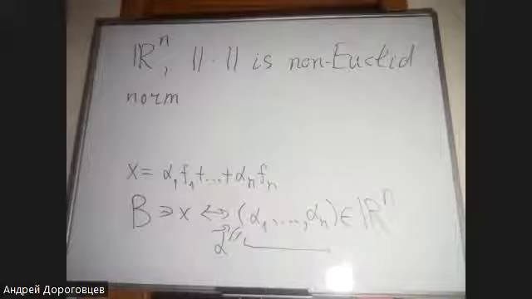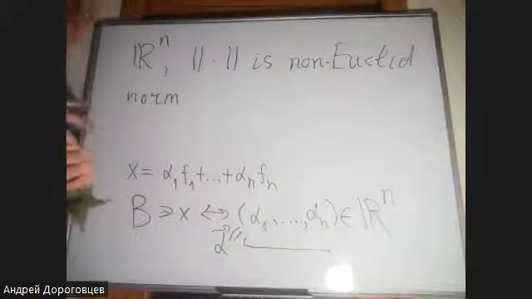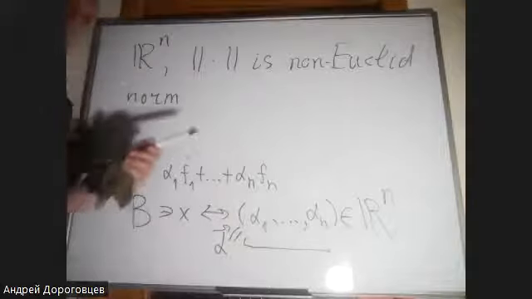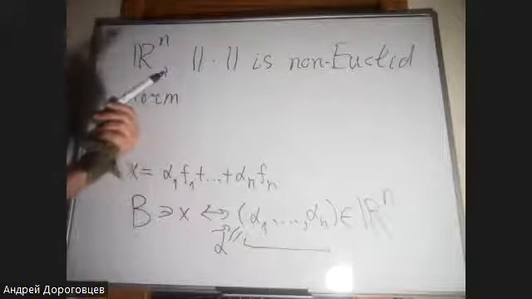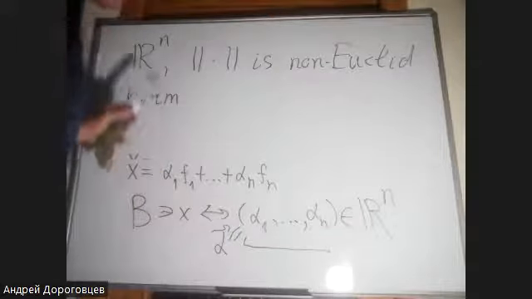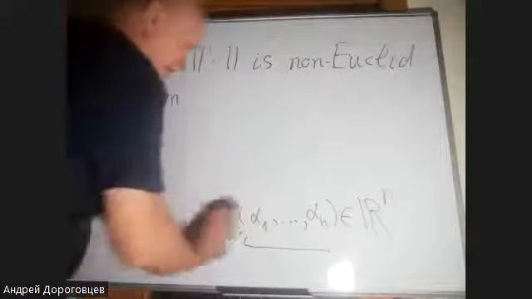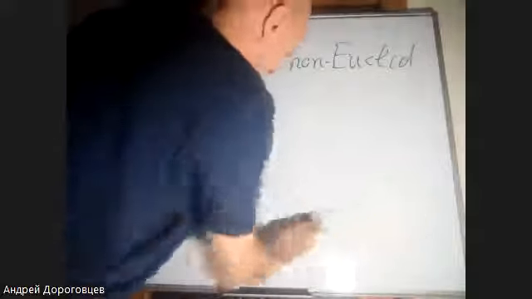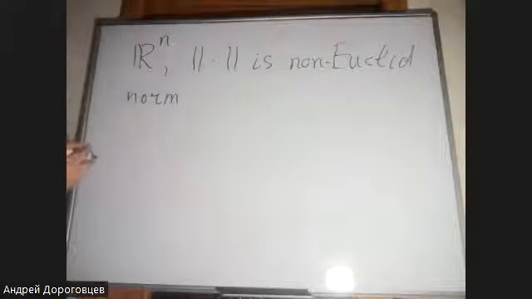Then one can ask, what can be a characterization of this non-Euclid norm? And the second question may be much more mathematically interesting: how one can characterize all non-Euclid norms in this space Rn? And it's actually easy to do if we take such an interesting set in Rn.